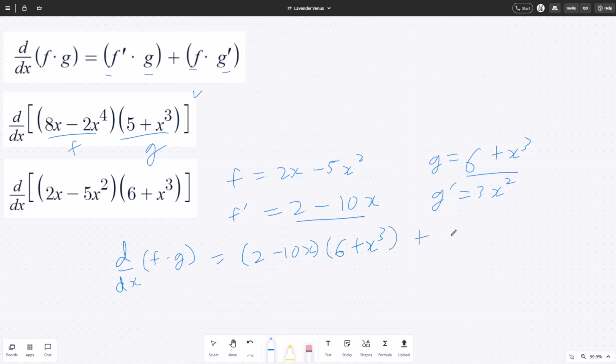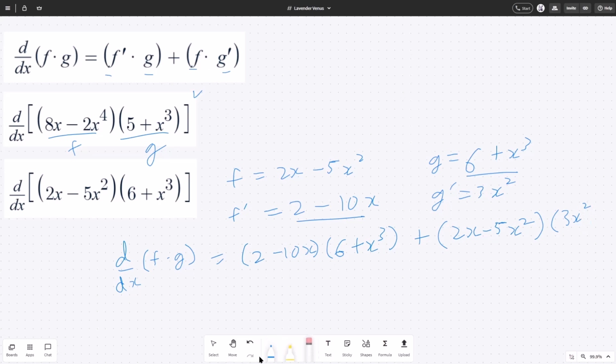In the second part, we have f times g prime, which is 2x minus 5x squared multiplied by g prime, which is 3x squared, and that is our answer.